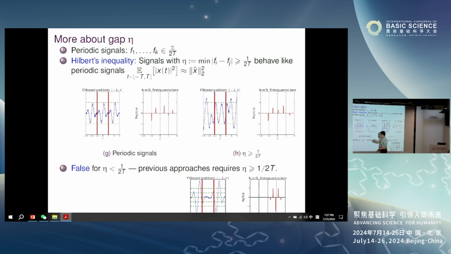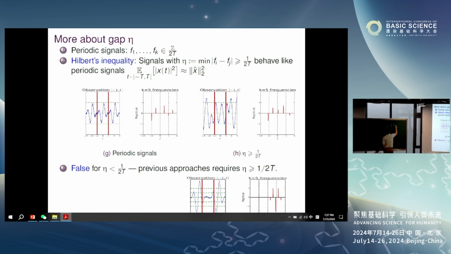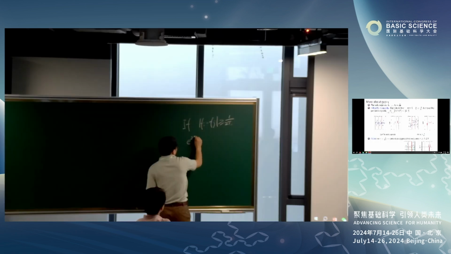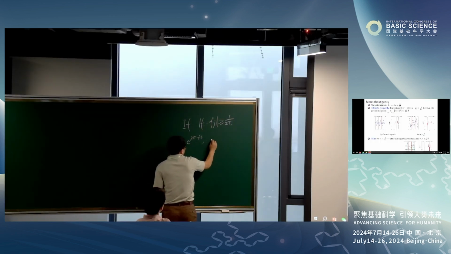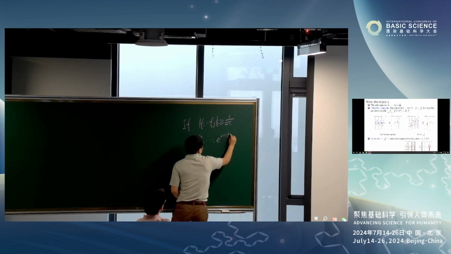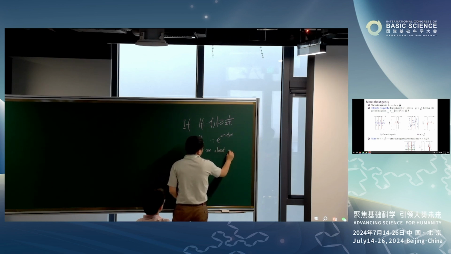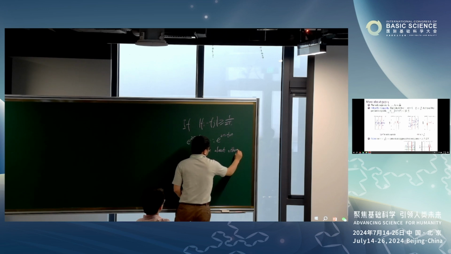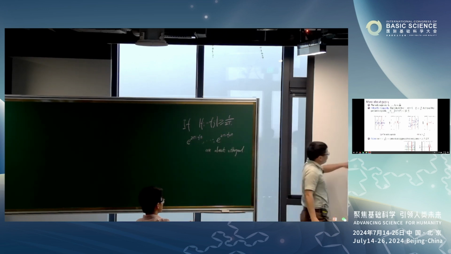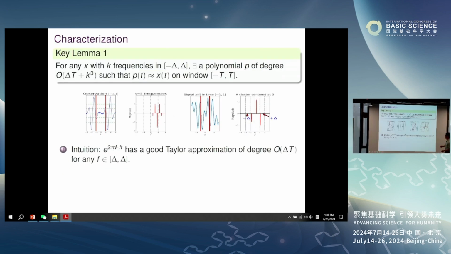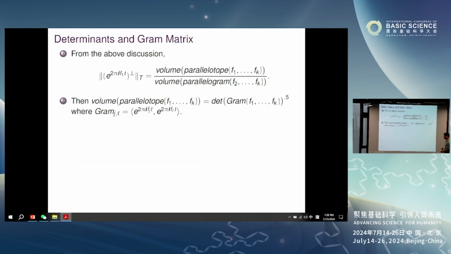So if fi minus fj is greater than 1/2t, then e to the 2 pi i f1t till e to the 2 pi i fkt are almost orthogonal, such that we can have this relation that the expected L2 norm is the summation of the Fourier coefficients.